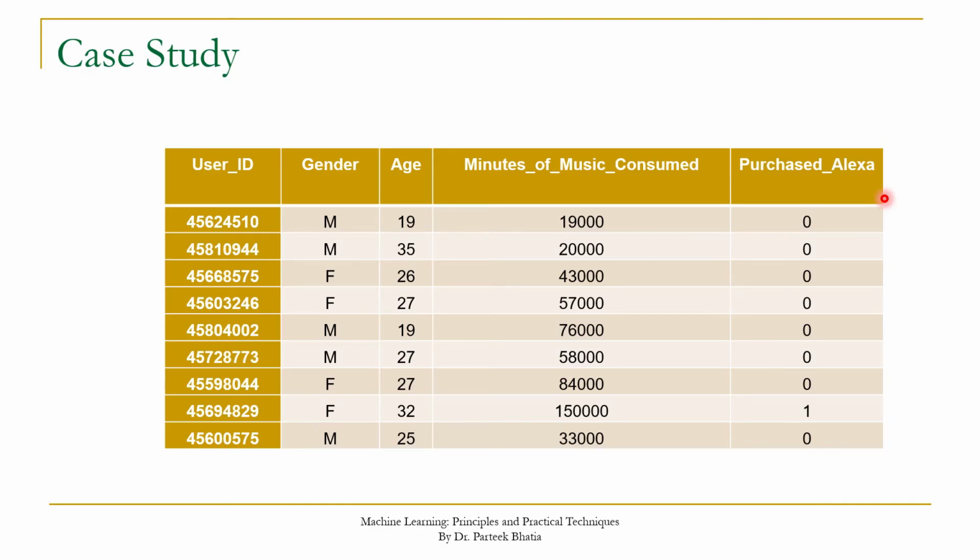In this session we have to build a decision tree classifier for this given dataset. Here you can see that purchased Alexa is our class attribute, while user ID, gender, age, minutes of music consumed are input attributes.